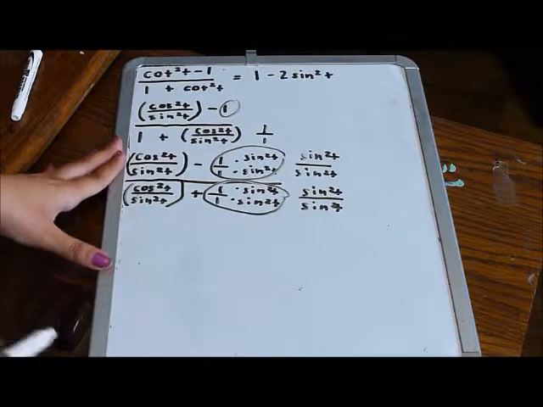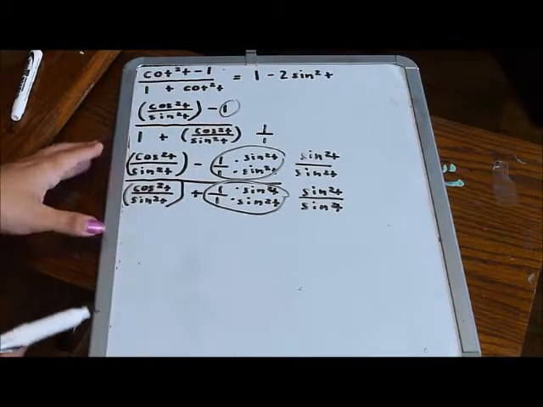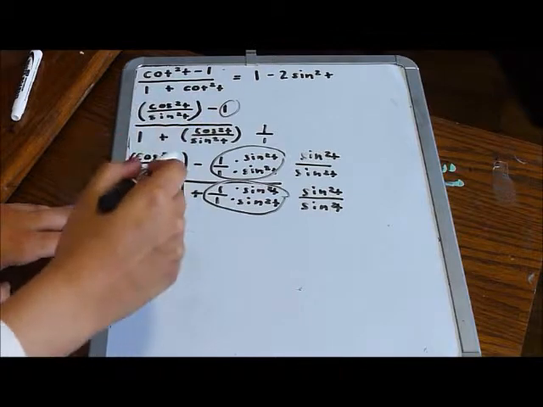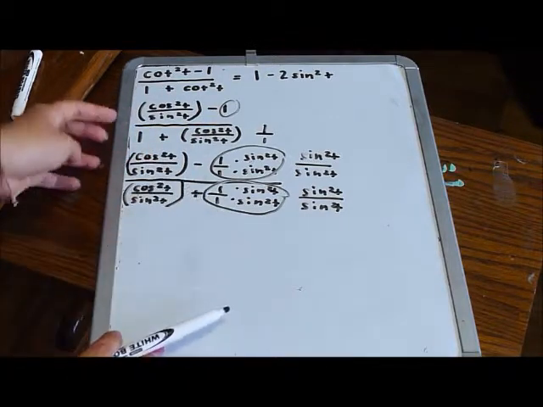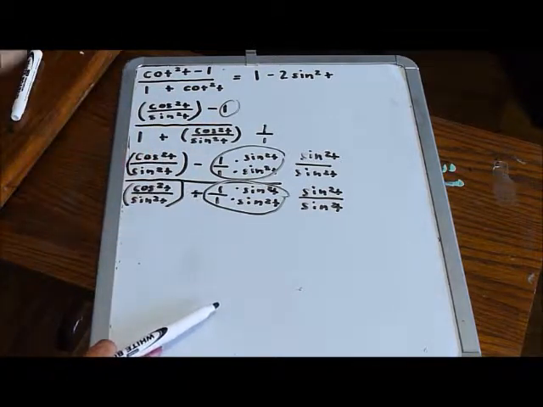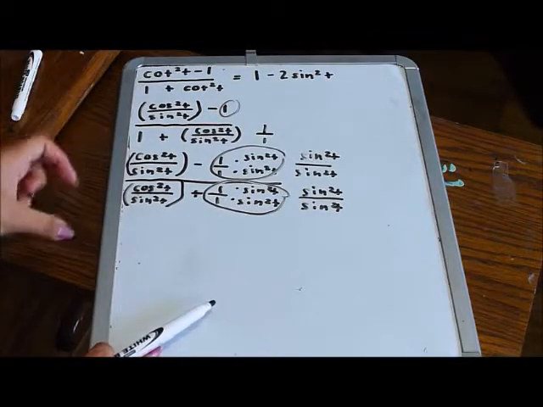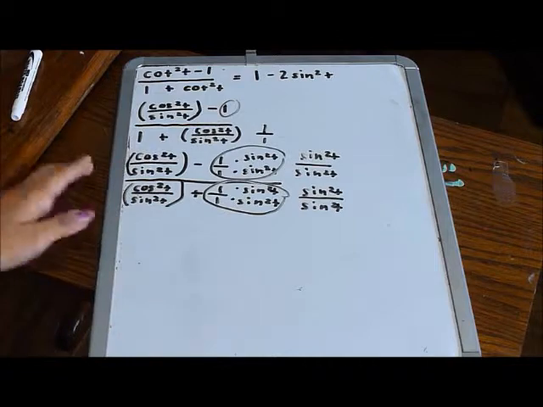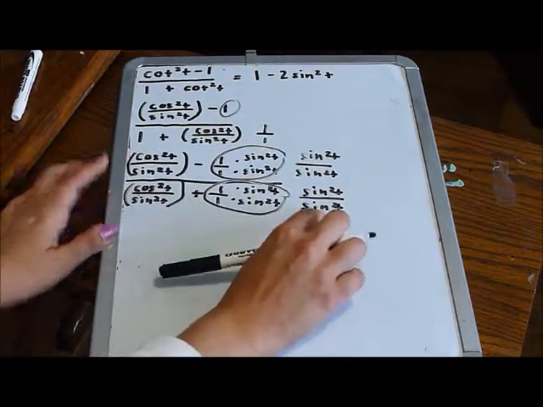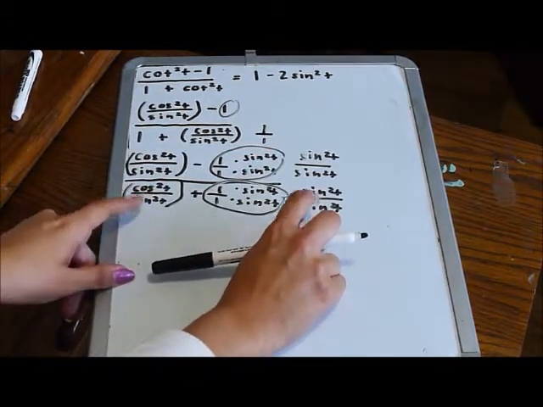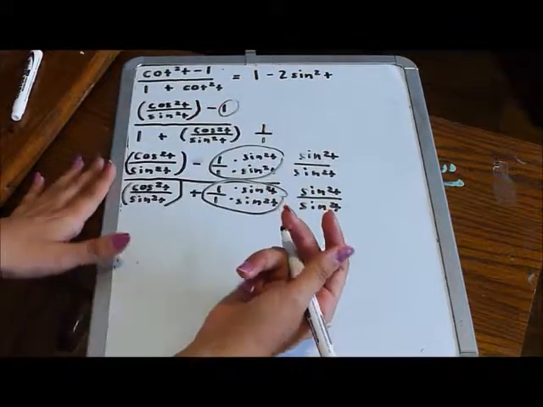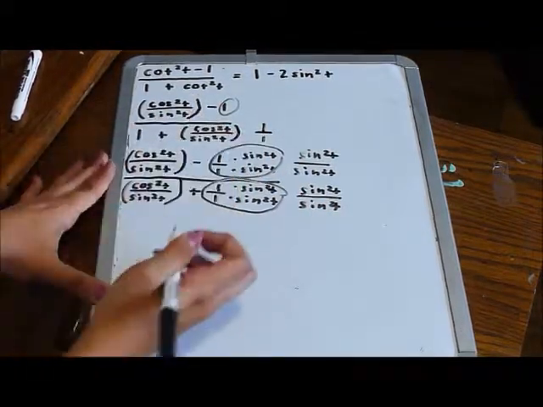Okay, and then after that, we're going to combine everything in the complex numerator and denominator so that the numerator has only one single fraction, and the denominator has only one single fraction. Now, since we have the common denominator, we can subtract in the numerator.